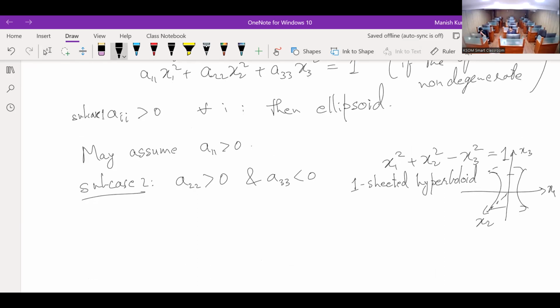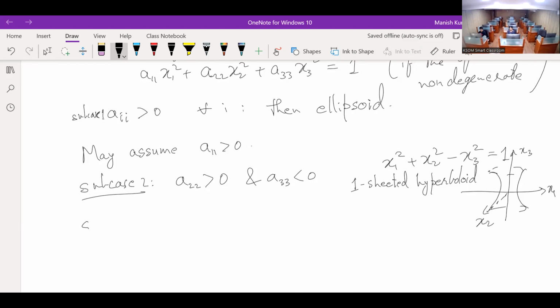This is what happens if one of them is positive and the other negative. Of course, if A33 is positive and A22 is negative, the same picture holds; it's just that the axis changes.